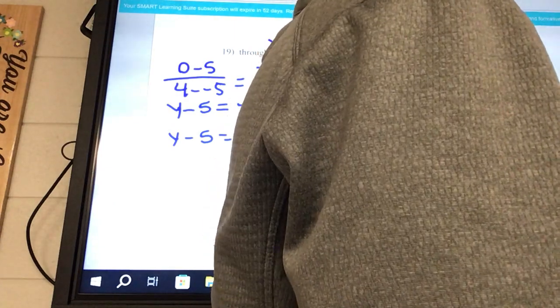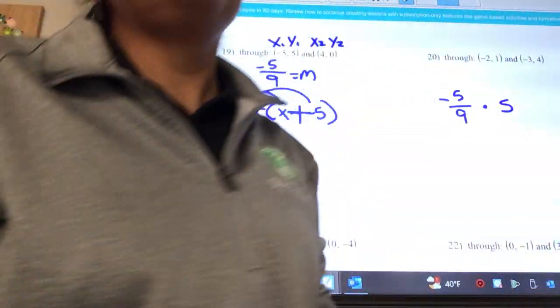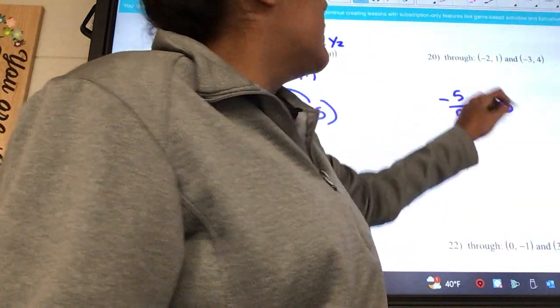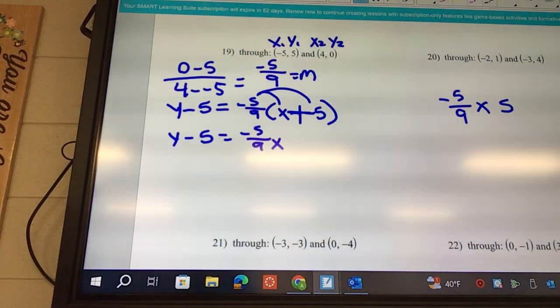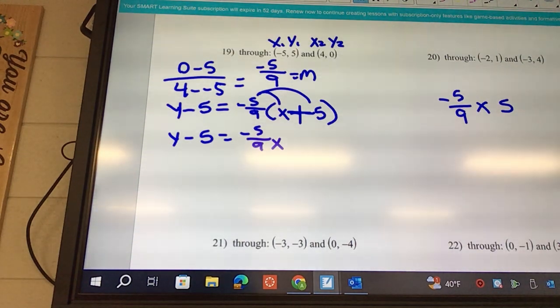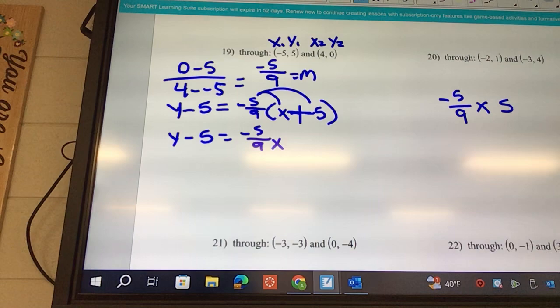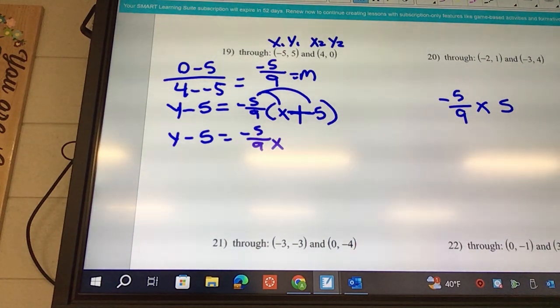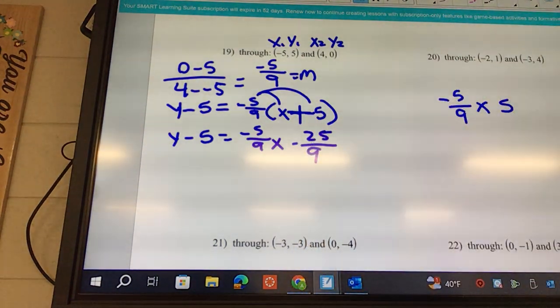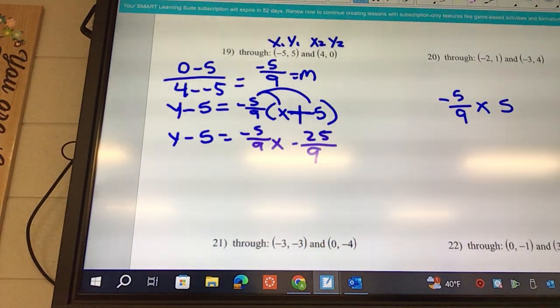Make sure that you're typing it in correctly. It's probably gonna look like a times. What'd you guys get? It's probably gonna be something weird. 25 over 9. Good. Negative 25 over 9. Now, remember, don't hit erase. If you already did, that's okay. It's just less stuff you gotta type in.